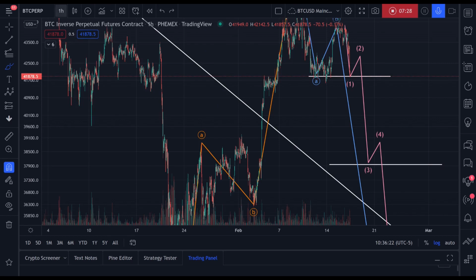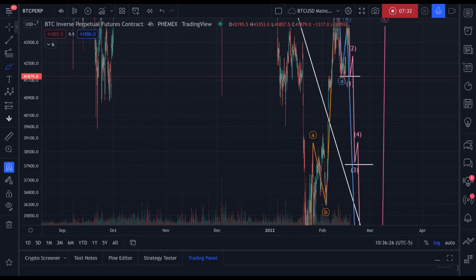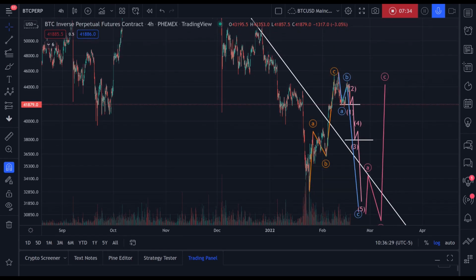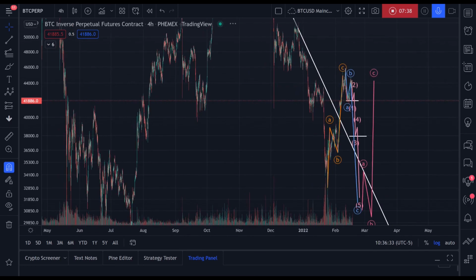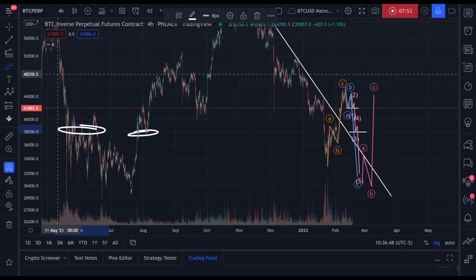Zooming out even a little more on the 4-hourly time frame, we can see that that same level where we think our wave 3 will find support, which is between 38 and 39K, was also support back here in August, and it was also resistance in June. So you have history with this level.